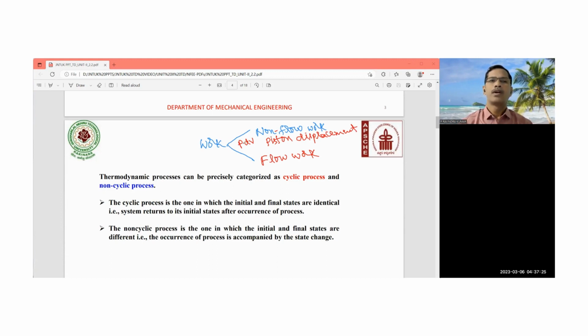Now, the thermodynamic processes can be precisely categorized as the cyclic process and the non-cyclic process. What is the cyclic process?